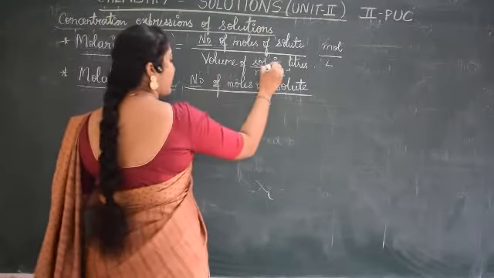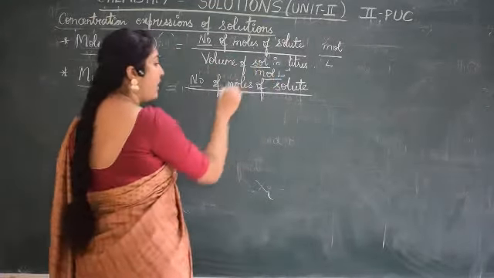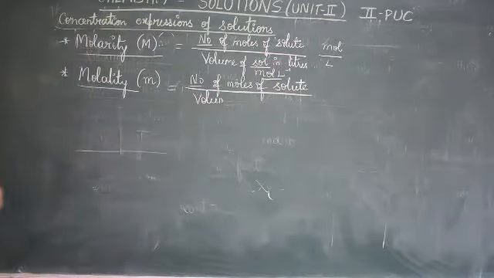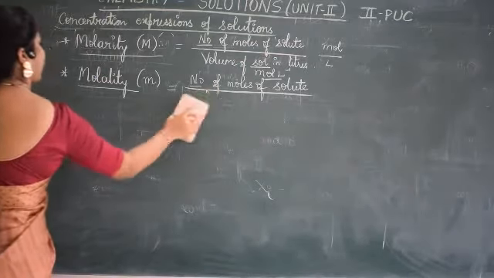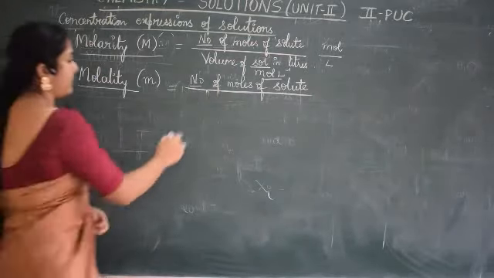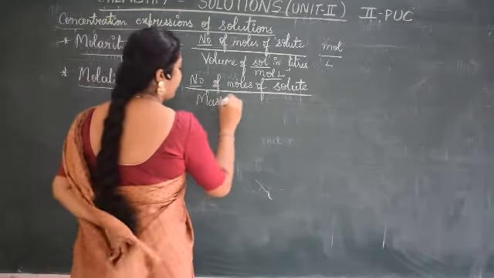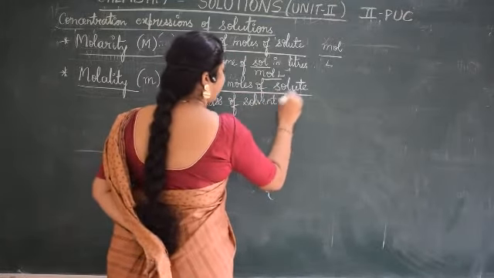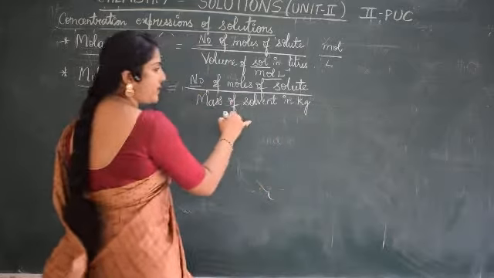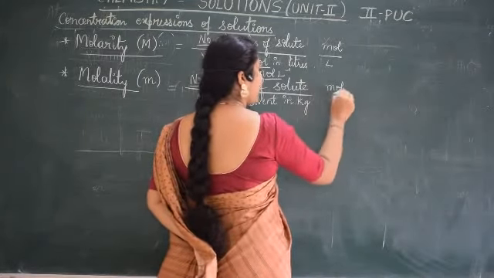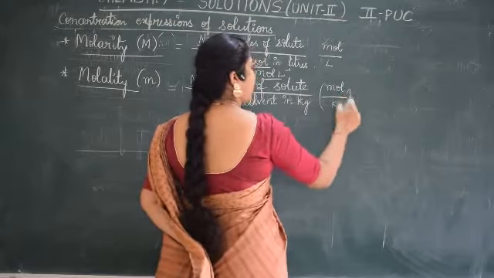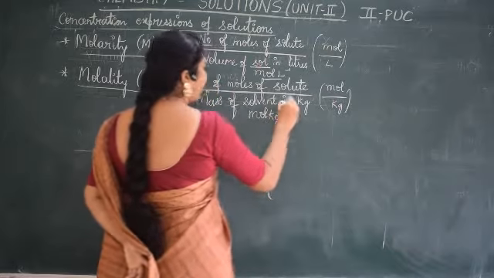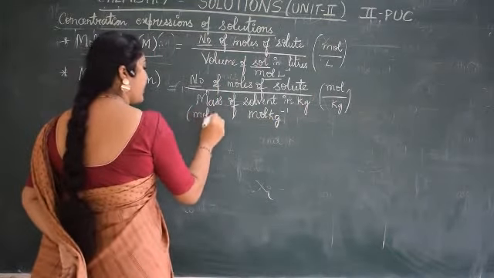In molarity it is volume of solution, where solution means solute plus solvent, but here it is the mass of solvent in kg. So the unit is mole per kg, or you can write 1 molal solution.